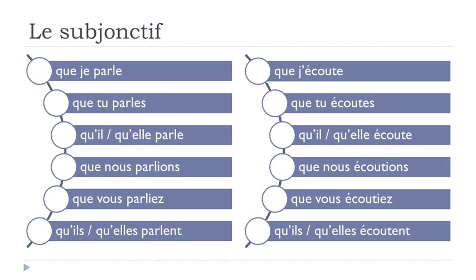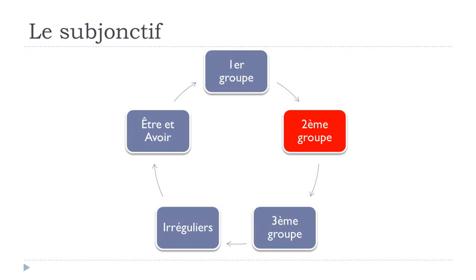And it is exactly the same thing. This is like the present, like the present, like the present, and like the present. This is like the imparfait, and this is like the imparfait. Okay? Parler is to speak or to talk. Écouter, to listen.